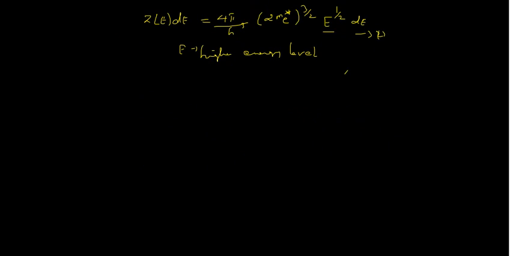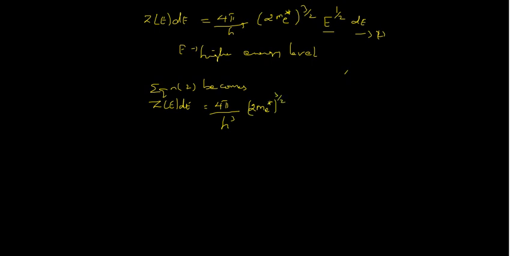So equation 2 becomes Z of E into dE is equal to 4 pi by h cube, 2 me star power 3 by 2.